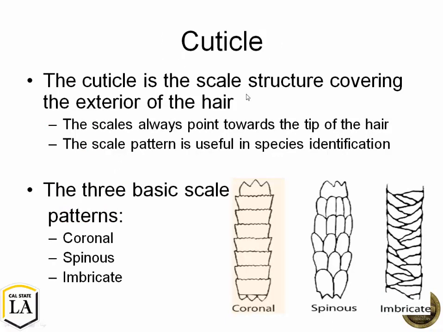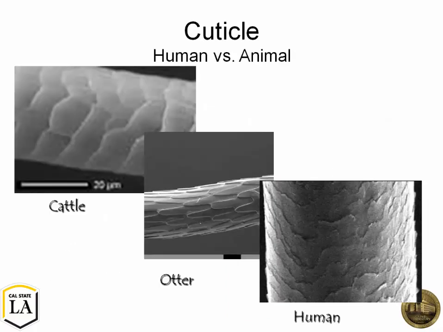Now the cuticle is kind of great because it's covering. There's scales that cover this structure, and you can get these different scaling patterns. And the scaling patterns can sometimes be unique to the species, so you can actually try to identify human versus animal in this way.